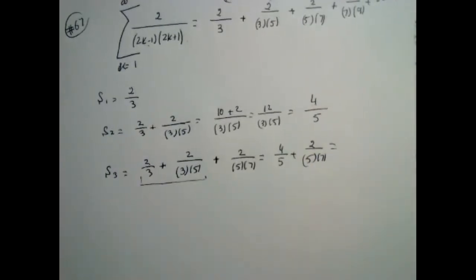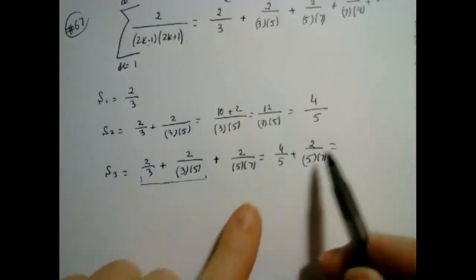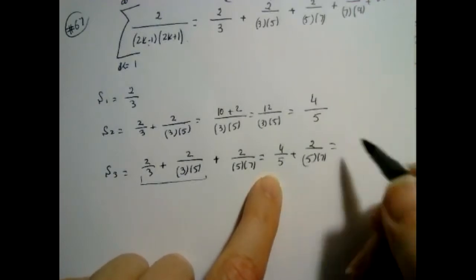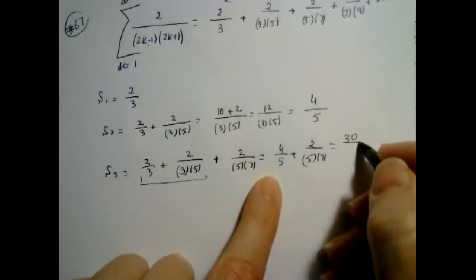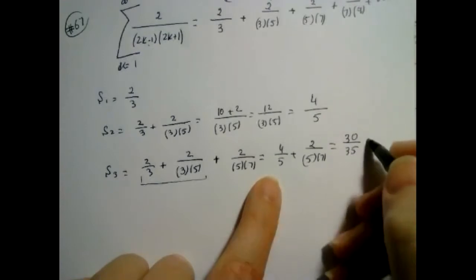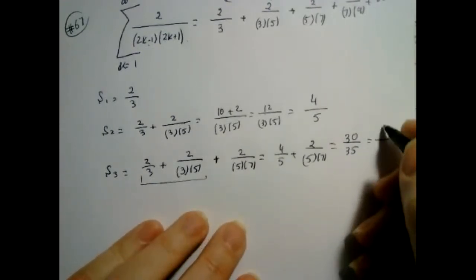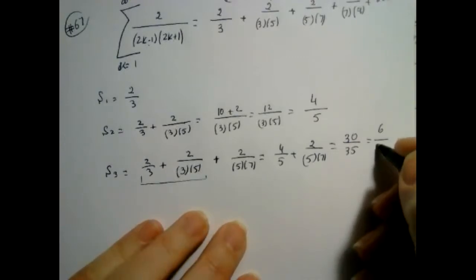And now the common denominator of 5 times 7. I'll have to multiply this by 7. That'll give me 28. 28 plus 2, that's 30 over 35. We simplify by 5. This will give me 6 over 7.